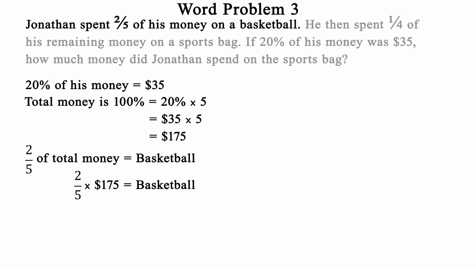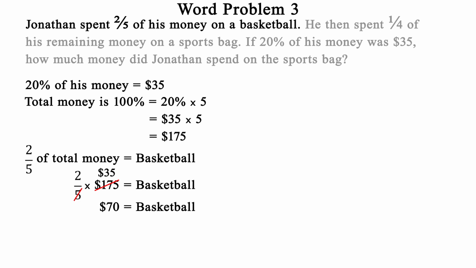Now we can try to work it out. 5 and 175 we can try to cut it. So 5 times 35 is 175 and 35 times 2 is 70. So in basketball, Jonathan spent $70.